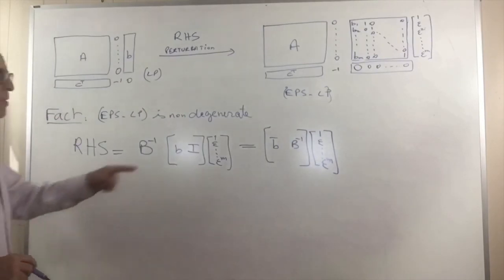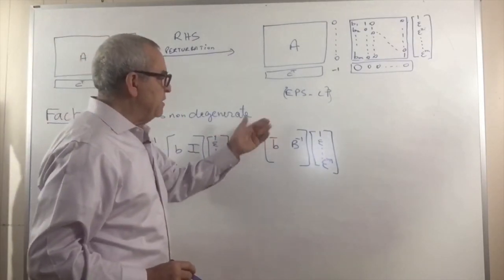So every row in the right-hand side is a polynomial of epsilon.